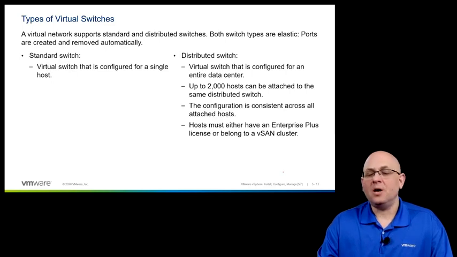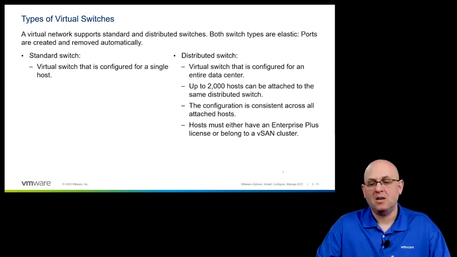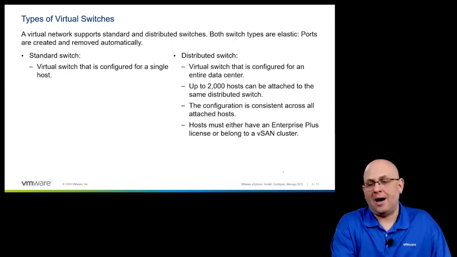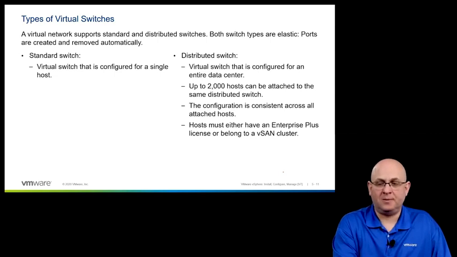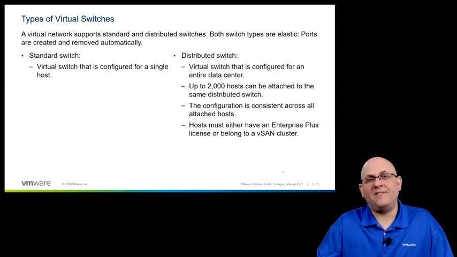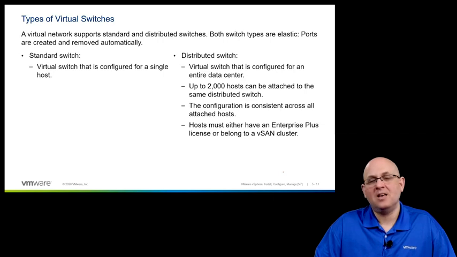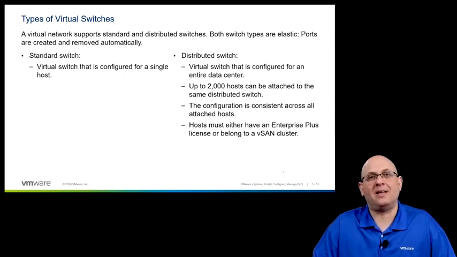Okay. So now there are a couple of different types of virtual switches here. We just talked to you about the standard switch, but we also have the distributed switch as well. The distributed switch is simply a more advanced, more feature-full virtual switch that will run on an ESXi host. Now, the nice thing about a distributed switch is that it is configured at the vCenter level.